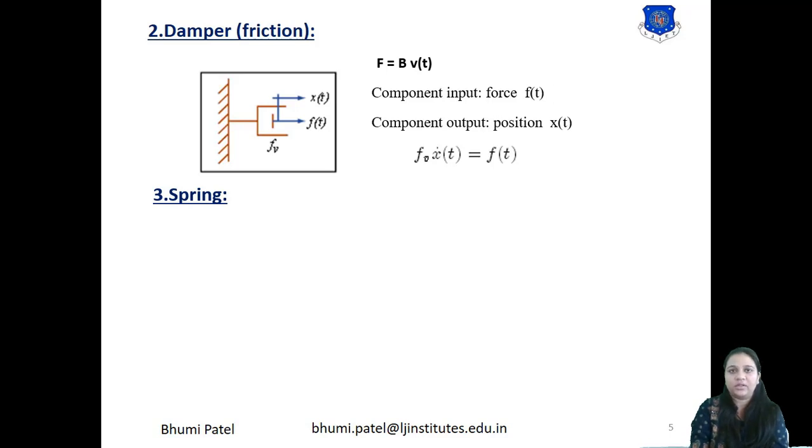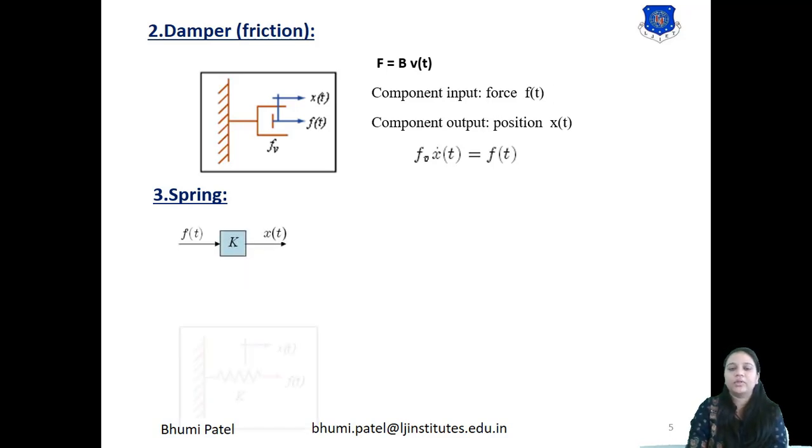Definition of spring: a spring is considered to be an element that stores potential energy. These are used to provide restoring force. When a spring is deformed, a reaction force is produced. This force will oppose the applied force and bring the spring back to its original condition. The reaction force produced by the spring is directly proportional to the displacement of the spring.